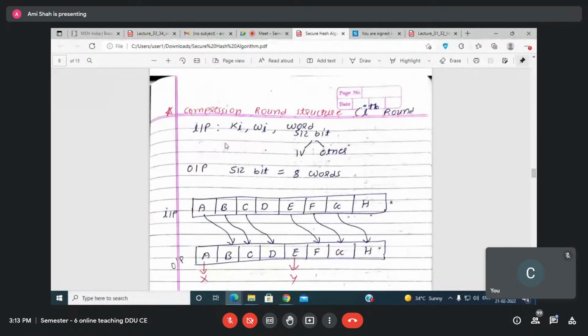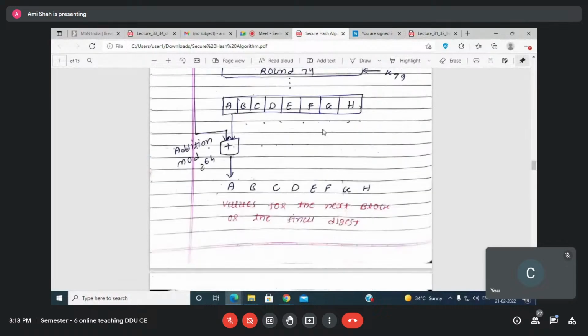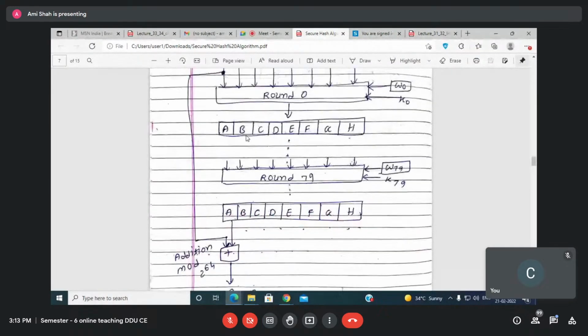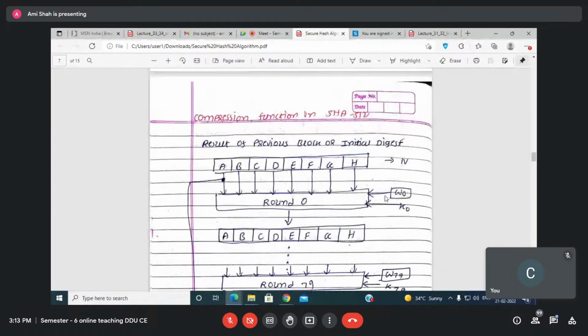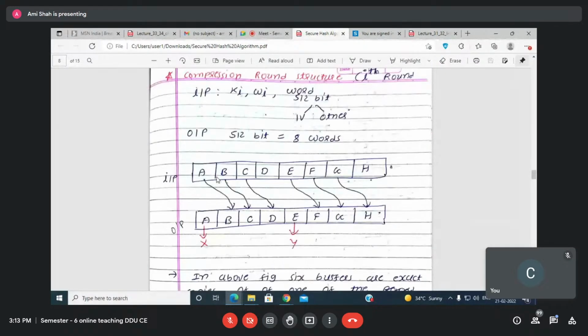Now see how it works. The input given is W0, K0, and the initial vector. This is given as input to round 0, and after round 0 I get these 512 bits. Now the question is, with this particular input, how do I get the output?